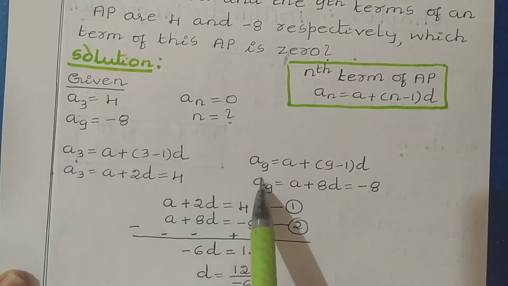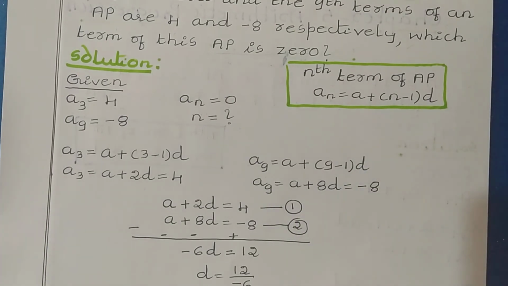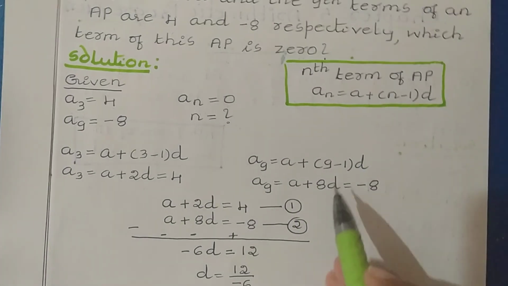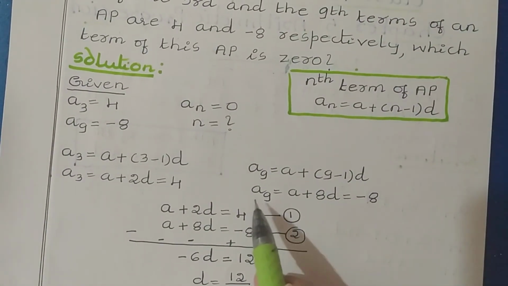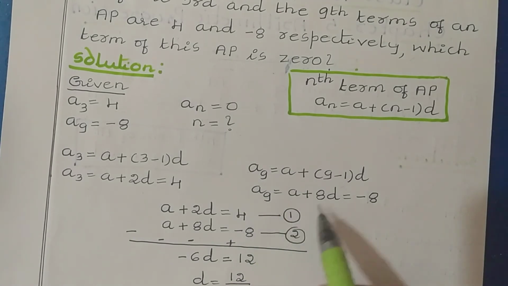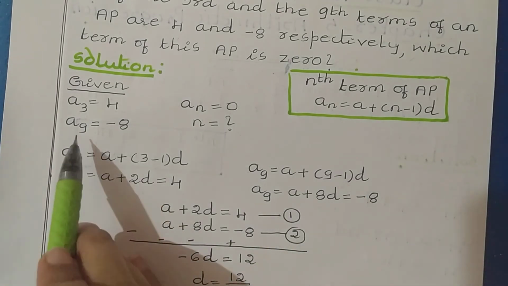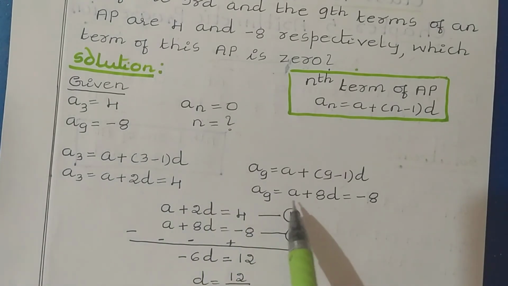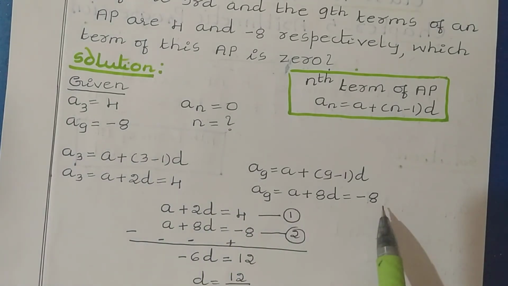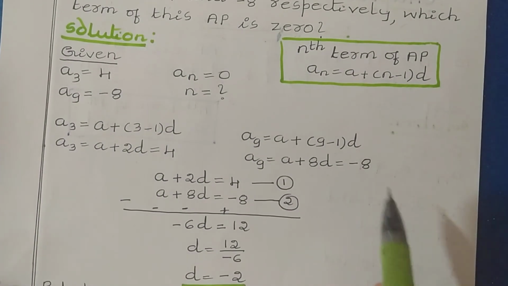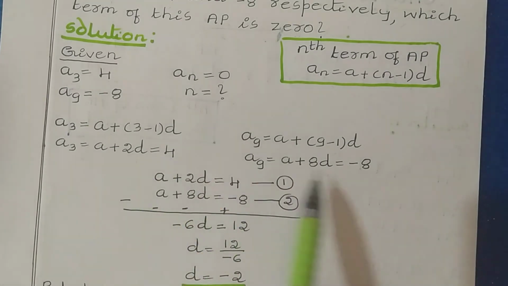Similarly, a9, take n as 9, so a9 is equal to a plus 9 minus 1 into d. a9 is equal to a plus 8d, and a9 is minus 8, so a plus 8d is equal to minus 8.